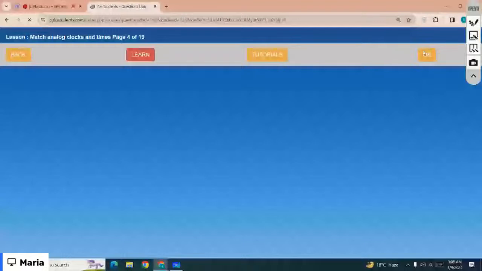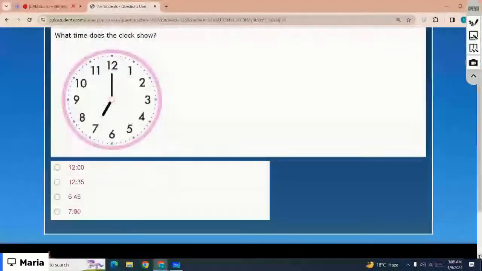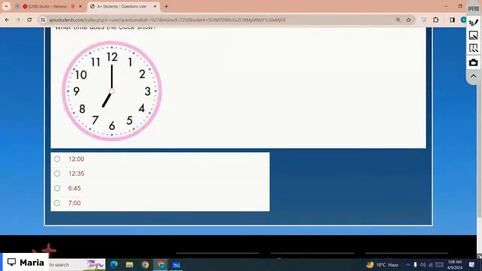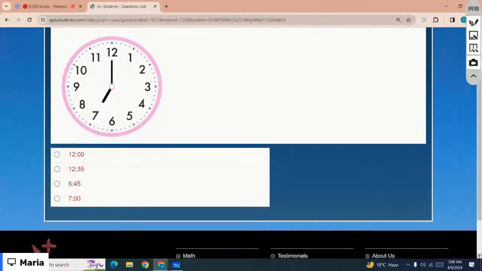What time does the clock show? Which is the correct option? Yes, that is 7 o'clock.